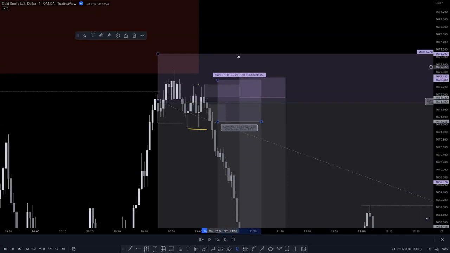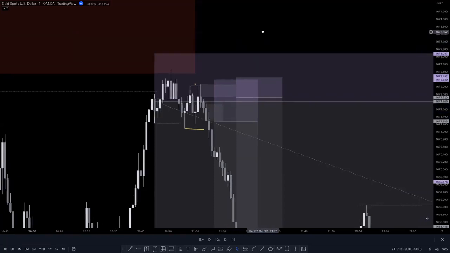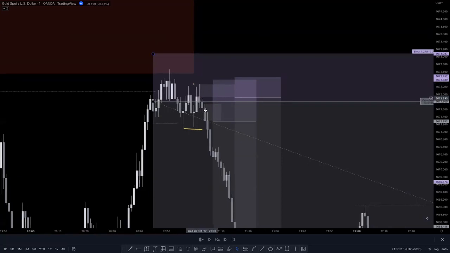Correct. If the market has not taken out the liquidity, we can't sell here. We need inducement for the sell. We are taking the whole order flow. We are taking only this candlestick for the entry execution, right?